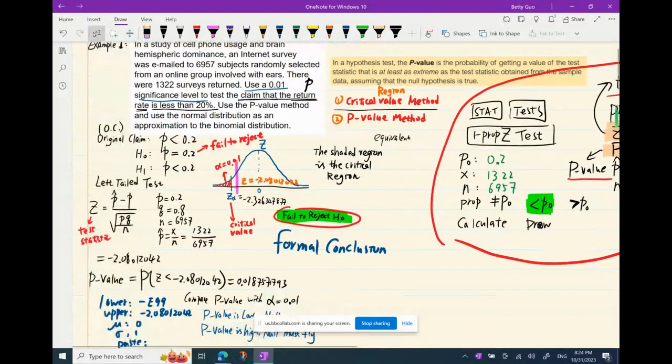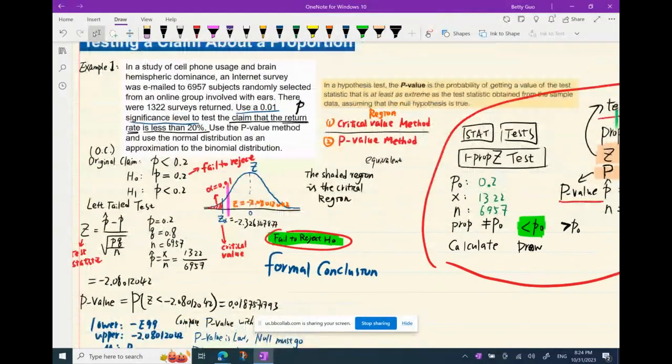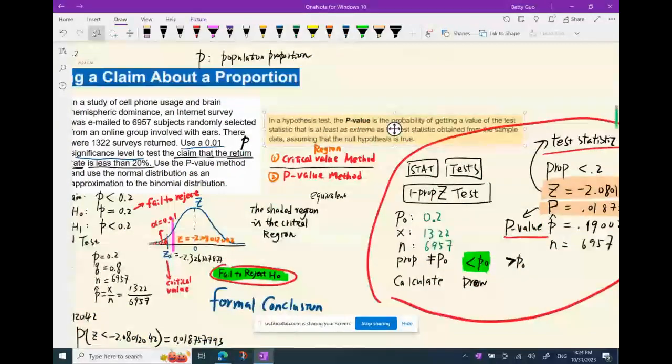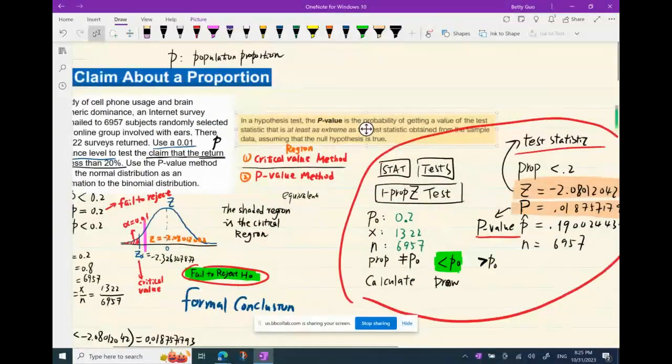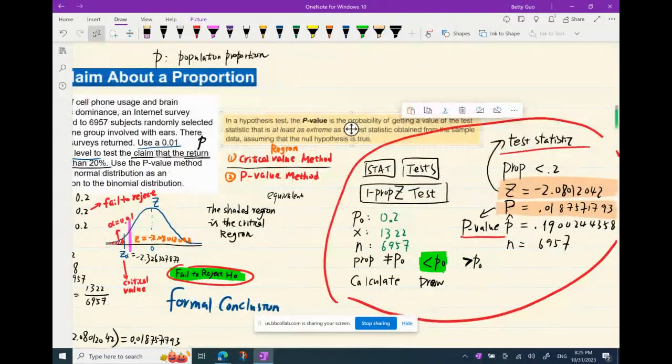And since we have this p-value found, we want to once again revisit the definition of p-value to see if that helps you understand what the p-value is exactly. The p-value is the probability of getting a value of the test statistic that is at least as extreme as the test statistic obtained from your sample. You have one sample only, but other people or you yourself could have many samples, right? Many samples could give you many test statistics.